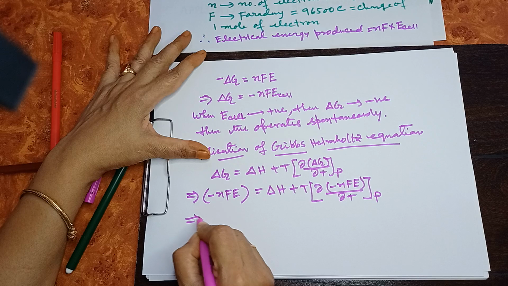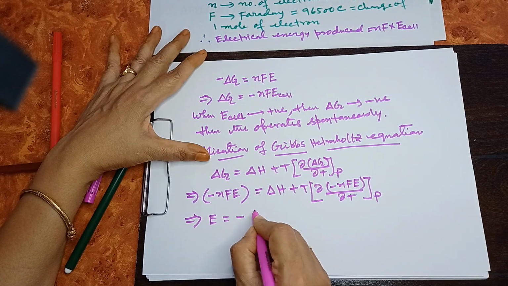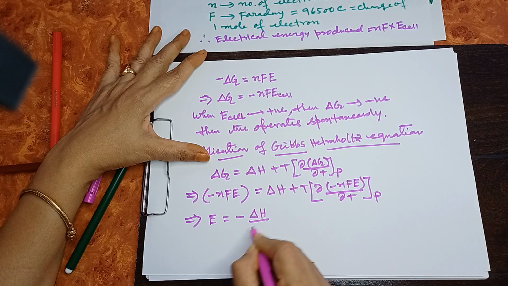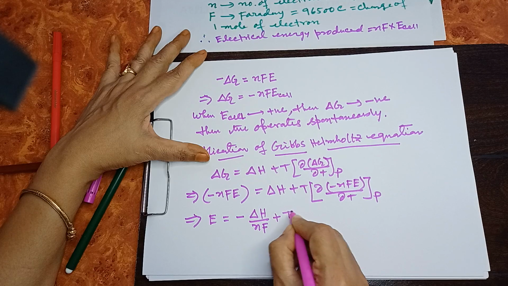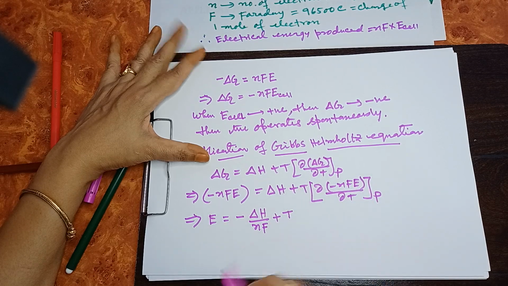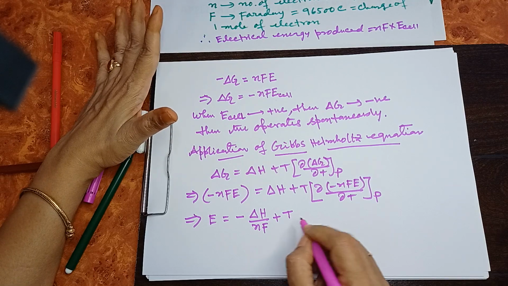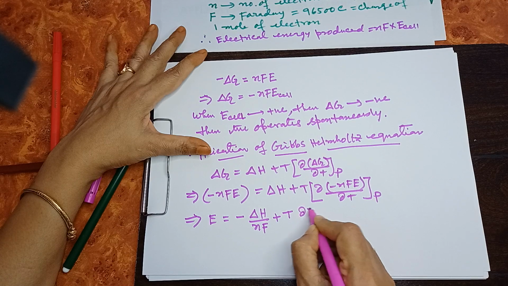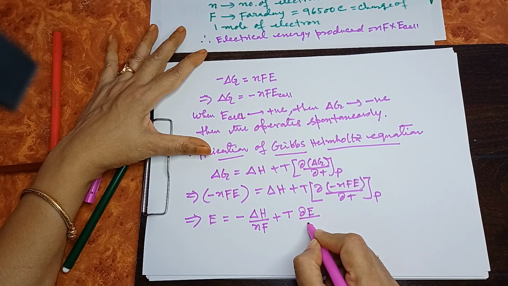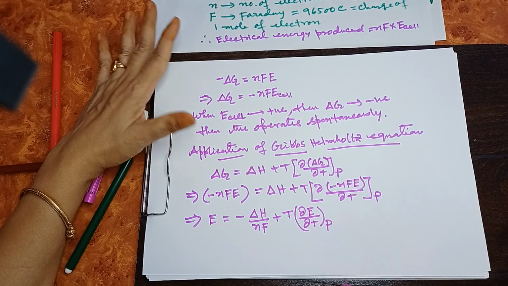Now, this one I can write as E is equal to minus delta H by NF, and then here it is T, because NF and NF will get cancelled and minus minus plus. So, this will be ∂E by ∂T at constant pressure.